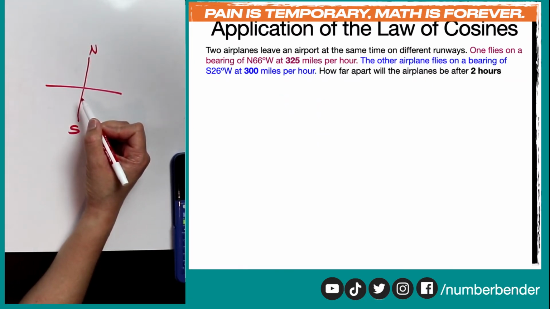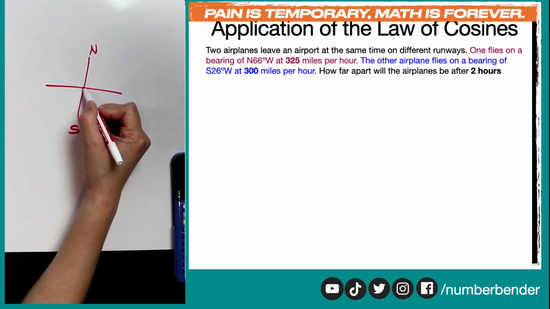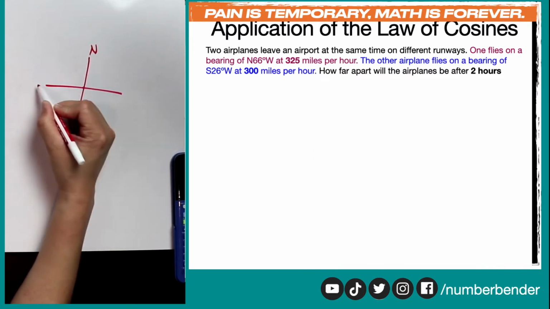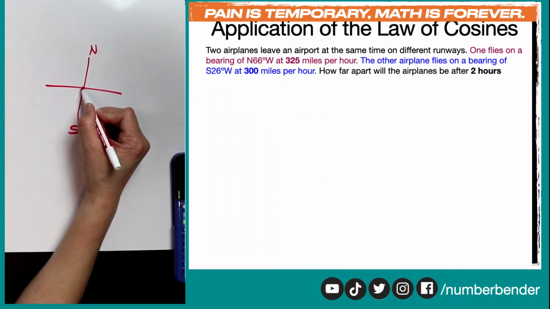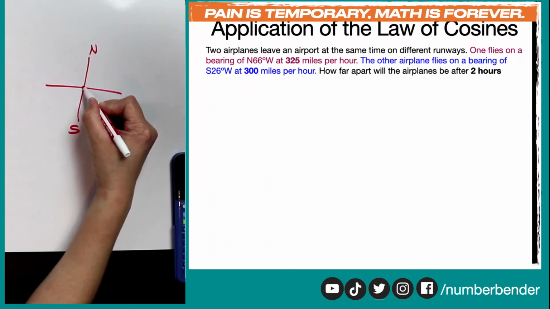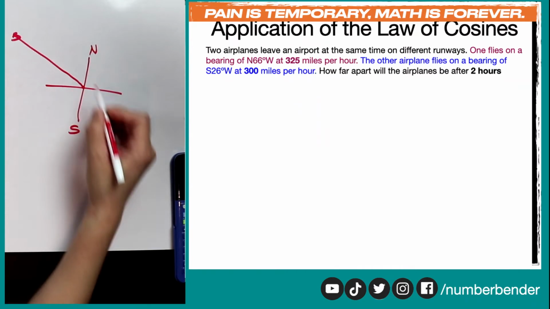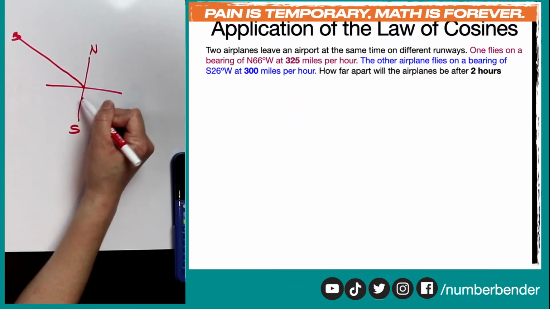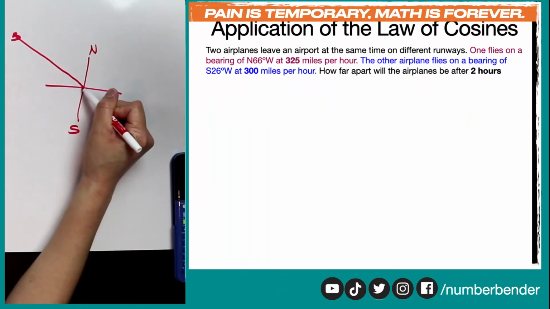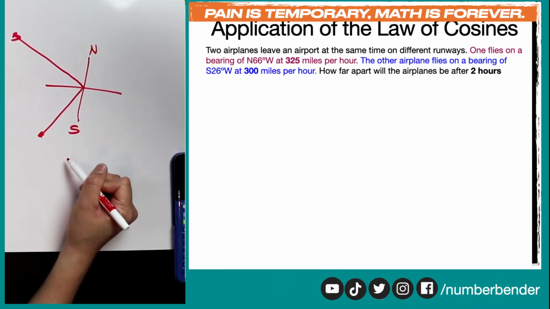The first plane left the airport at 66 degrees northwest. So this is north and this is going west. So northwest is going up right here. And the other plane is going southwest. So this is south and this is west. So this is the other plane going.